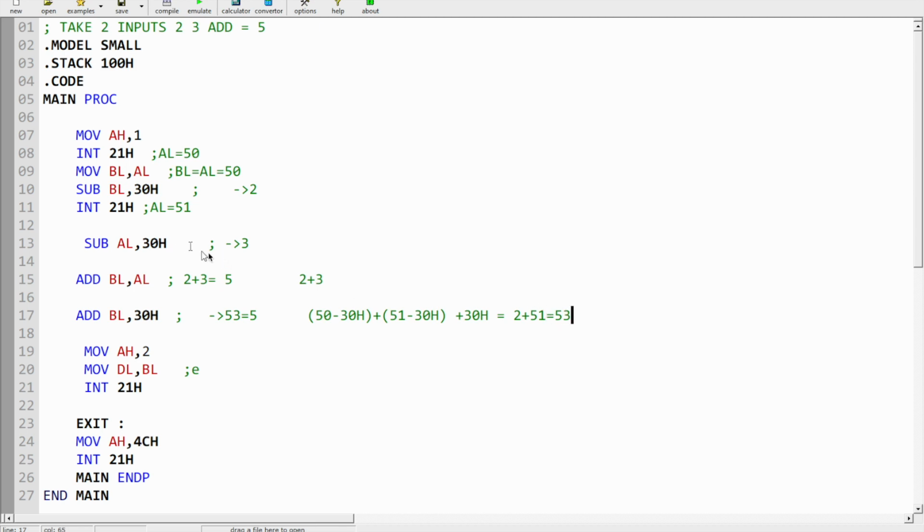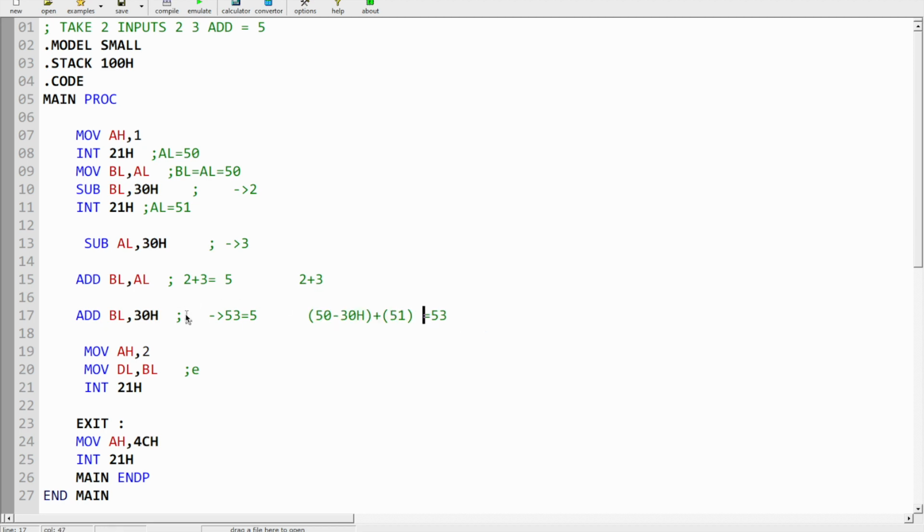What it means is we don't have to subtract 38 from both numbers. We can just remove 38 from one number, and we don't need to add it back, because it cancels out. If we do this, it still gives us the same result.